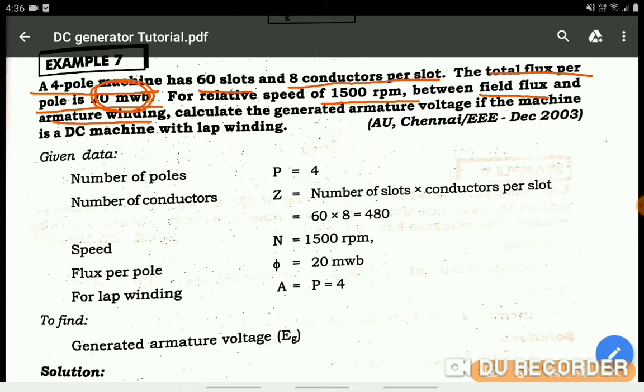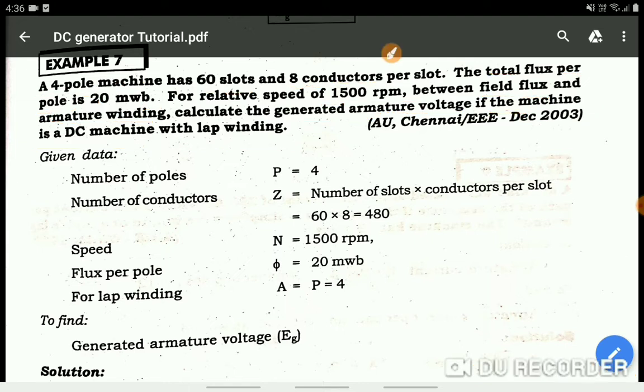Don't be confused, here they specify speed N is equal to 1500 RPM, that's all. Calculate the generated armature voltage if the machine is a DC with lap winding.